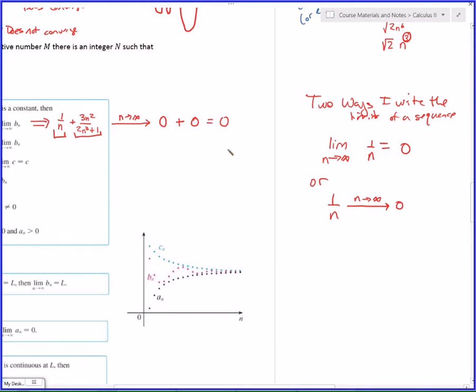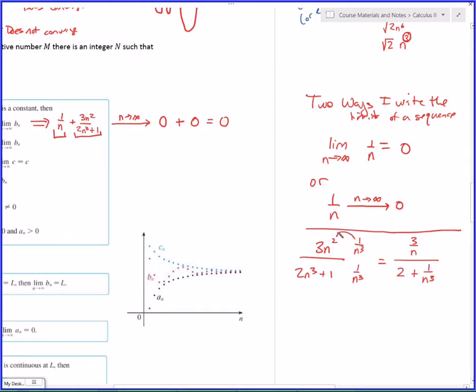The way that I taught it, you may recognize this, 3n squared over 2n cubed plus 1, is that you find the highest degree term in the whole thing and divide through by it. So multiply this by 1 over n cubed, and this by 1 over n cubed, and you get 3 over n on top divided by 2 plus 1 over n cubed.